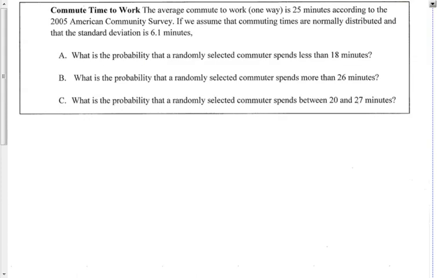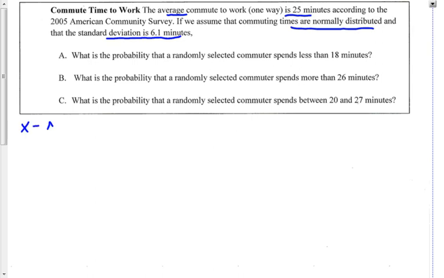We're dealing with a commute time to work. The average commute time, so that's going to be our mean, is 25 minutes. Assuming the times are normally distributed and the standard deviation is 6.1. So they've told us it's normal.